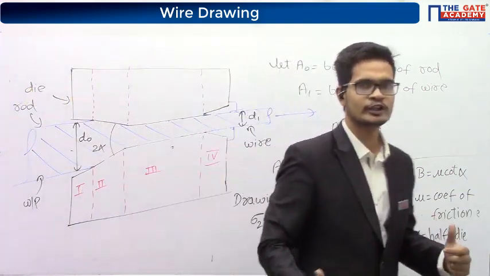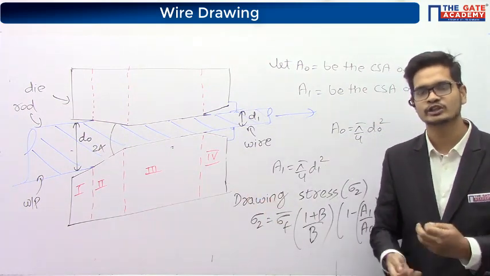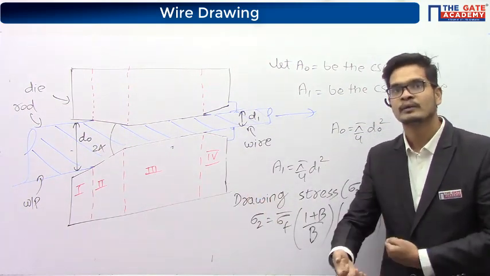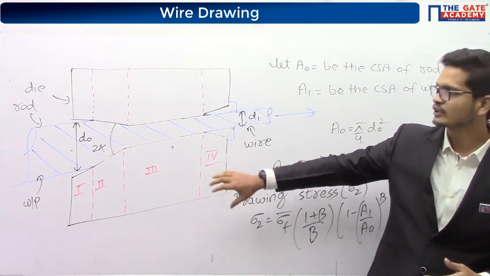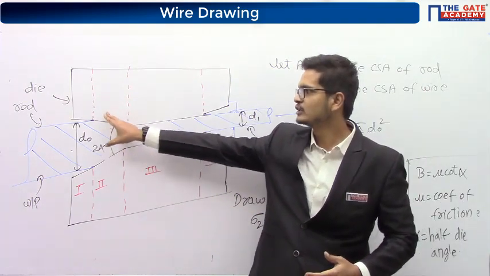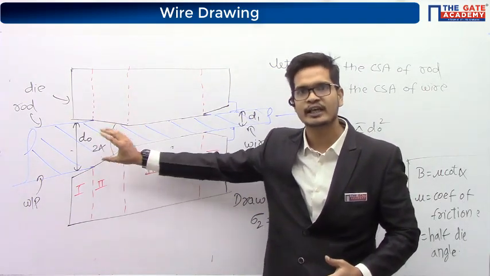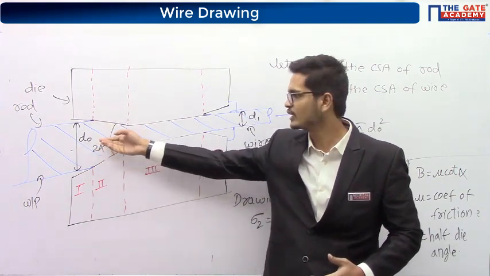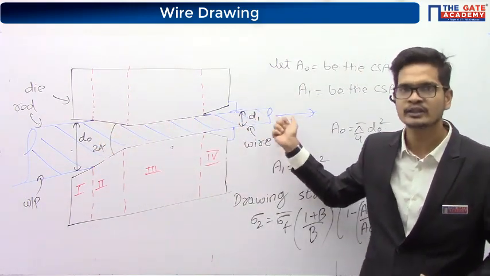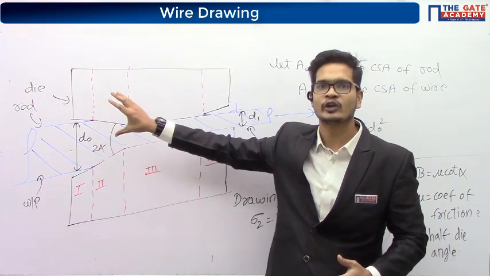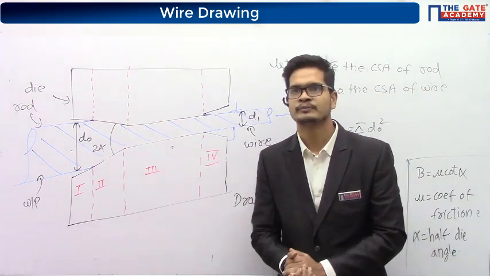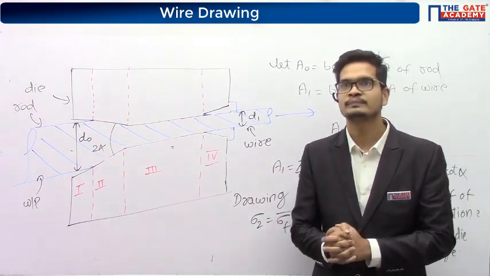It is not undergoing deformation because of the drawing stress. By drawing stress, you are just pulling the wire. Because you are pulling, the wire experiences shear stresses inside the die, and because of those shear stresses along with the tensile stress of the drawing, the material is undergoing deformation. Okay, so that is what I am trying to tell.